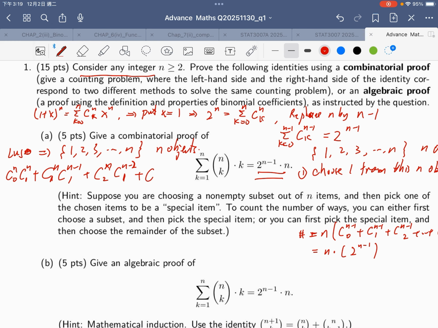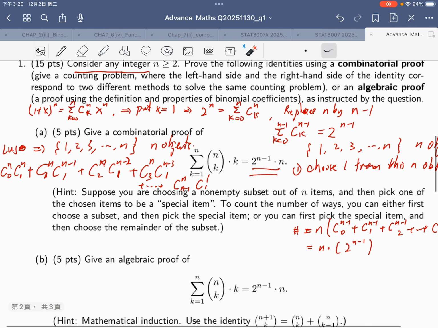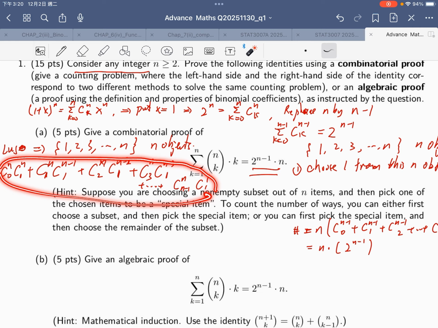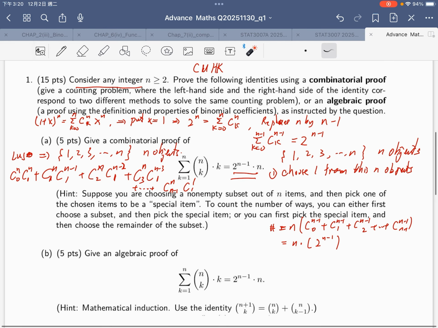Then or choose 3 objects, and from the remaining n minus 3 objects choose 1 object, and then sum over all the cases. The last one is nC(n-1), and that's 1C1. Actually, you can see that this method of choosing objects is the same as this one.